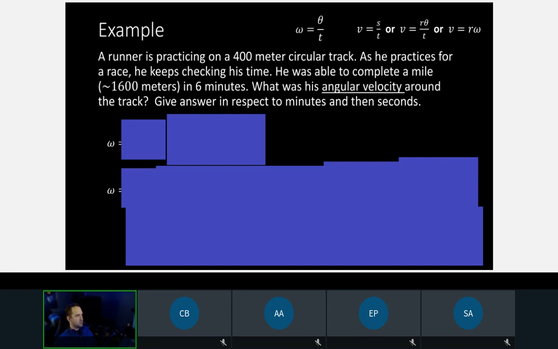What does theta equal? Write in chat. What did you put for theta? Somebody said 8 pi, pi over 4. What else do we got?